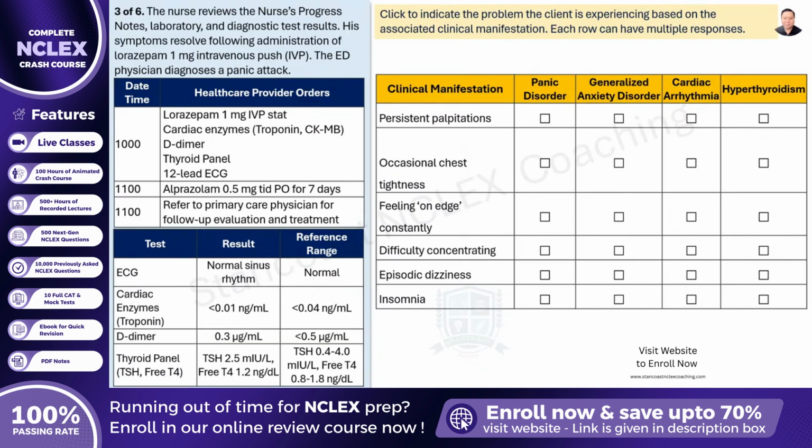All right. What do you think about the persistent palpitations? Do you think that this can be associated with all 4 of them? Well, let's pay attention first to panic disorder. Yes. So here, you got to think of a full-blown panic attack. The heart rhythm races.